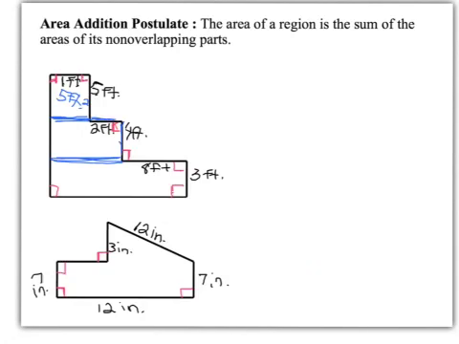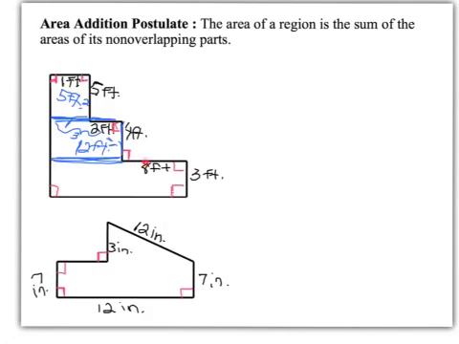This piece is 2 feet, but we want to know the whole thing. So we see that this piece is 1, which means this piece, the top and the bottom, must be equal. So this must also be 1, and 1 plus 2 gives us 3. So we're going to do 3 times 4, which is 12 square feet.